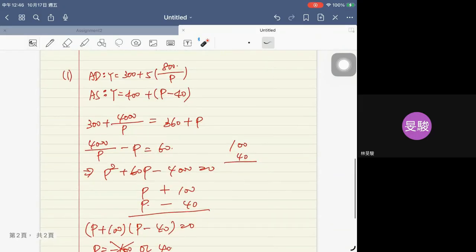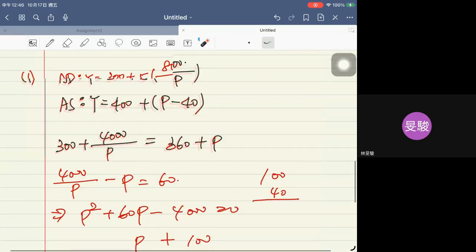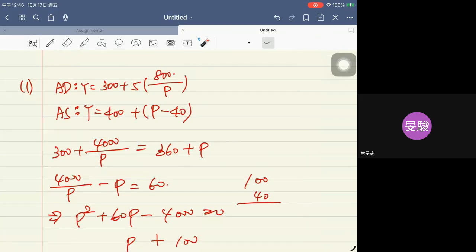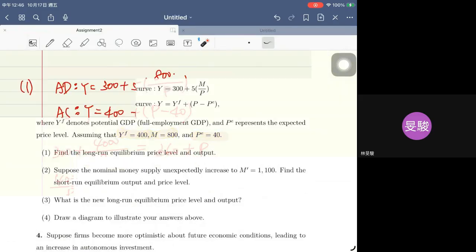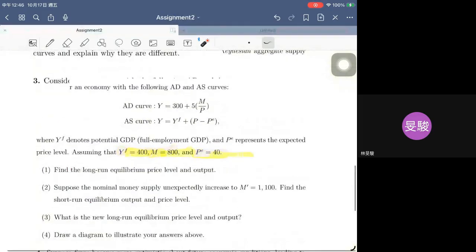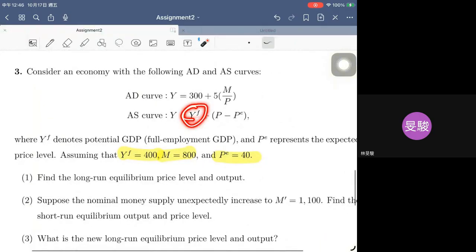But if you have a clear sense, you can know that the question asks us the long run equilibrium, right? And long run output, and initially it gives us the YF.